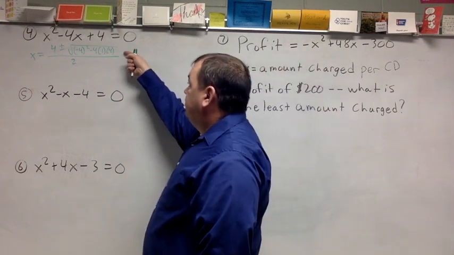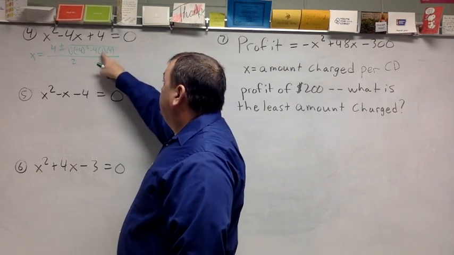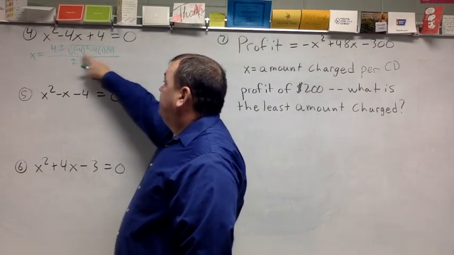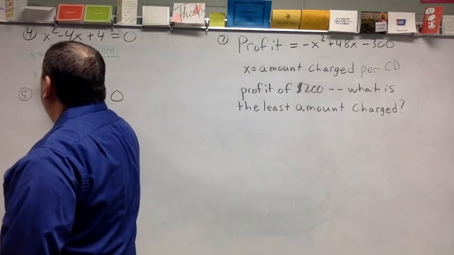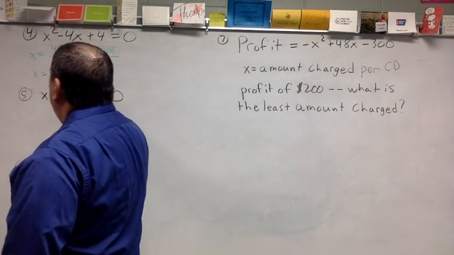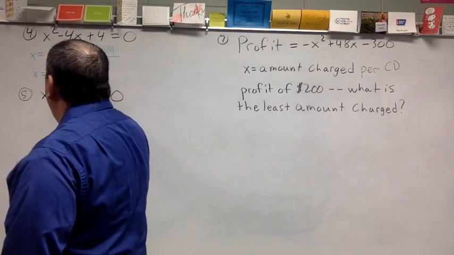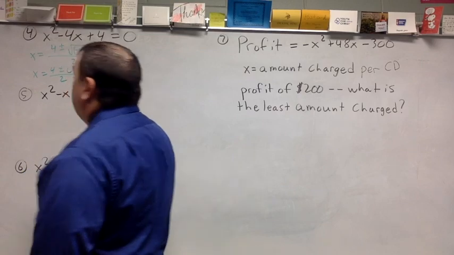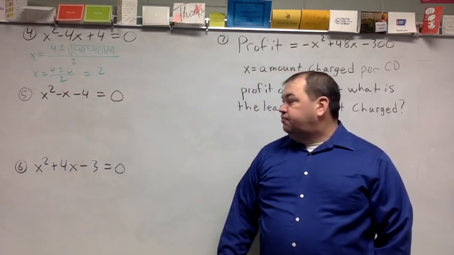Start with what's underneath the square root. Negative 4 squared is 16. 4 times 1 times 4 is 16, so 16 minus 16. So I get x equals 4 plus or minus the square root of 0, which is 0. That's how I know I only have one answer. It's a double answer. I get 2 twice.